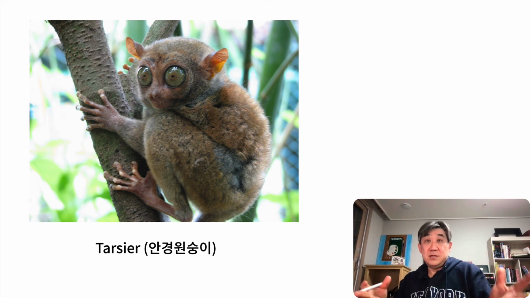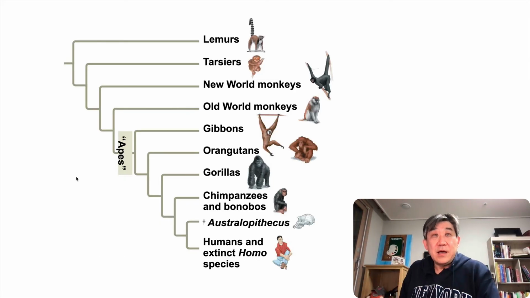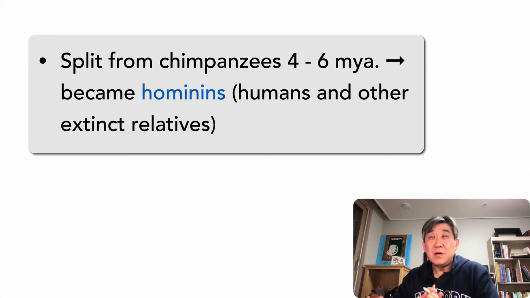And the tarsier is another monkey. Among all these primates, the apes are a smaller group to which modern humans also belong, and it also includes our closer relatives, including chimpanzees and gorillas and other types of monkeys.